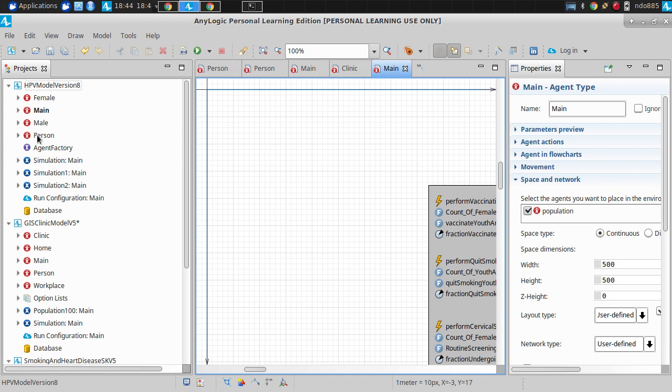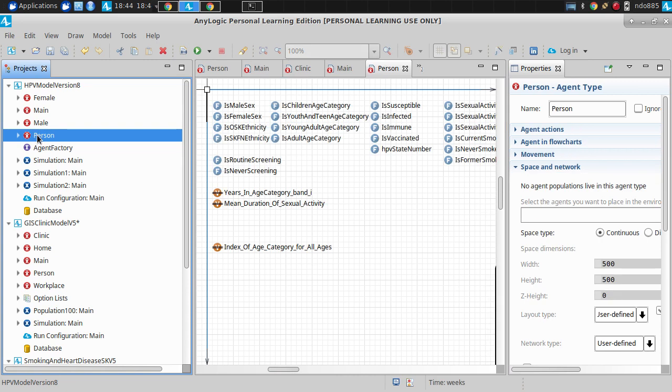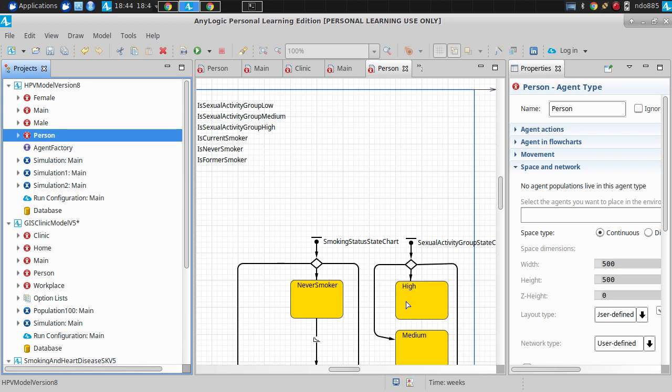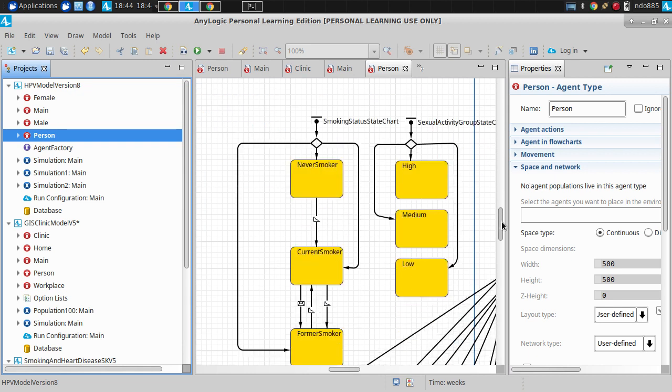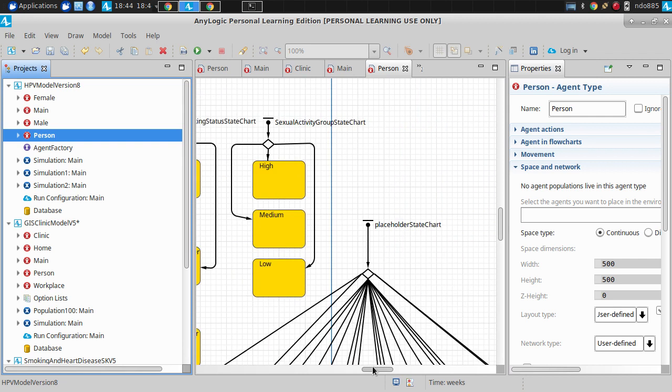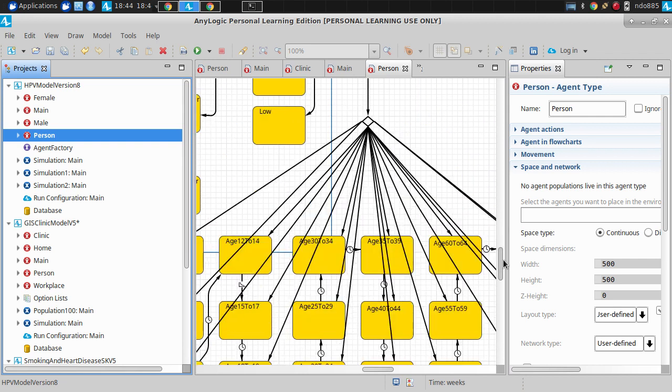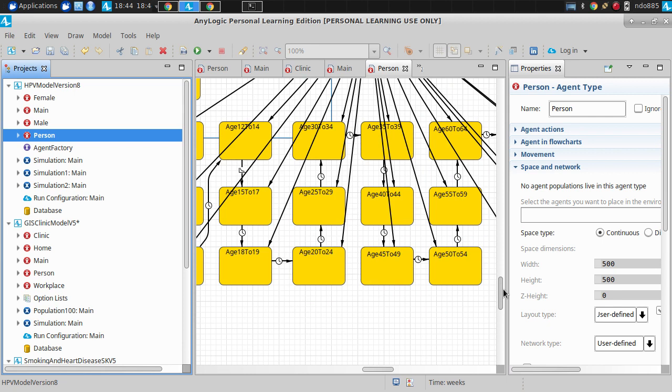What that means is anything that is in person also applies to the subtypes. So we can describe some things here for person, like there's having a smoking status, having a sexual activity group to which they go to, having an age, member of different age groups.